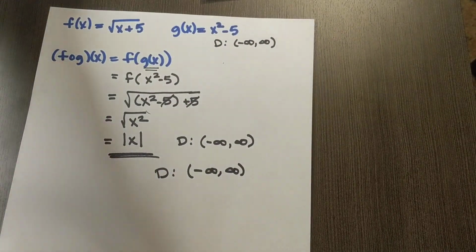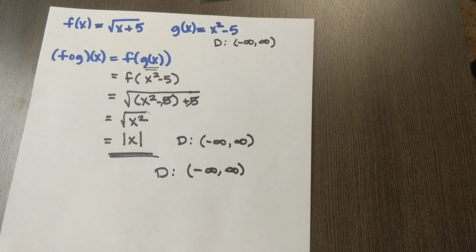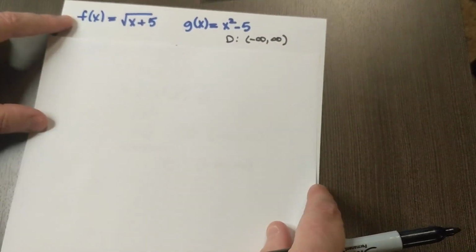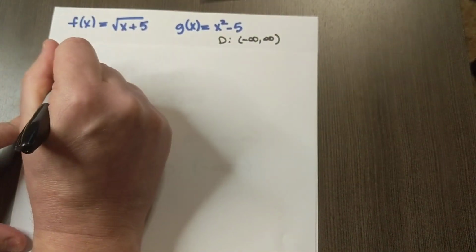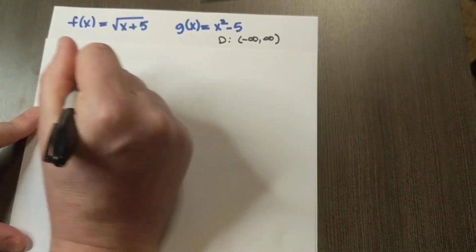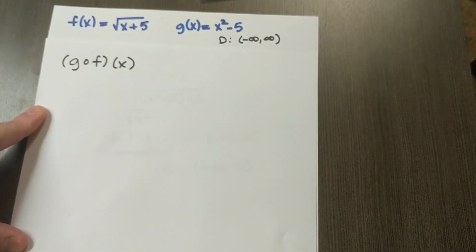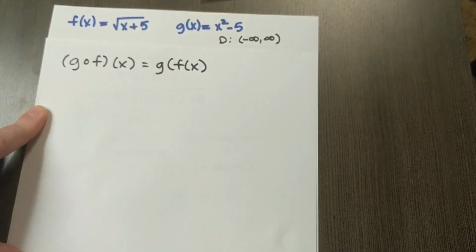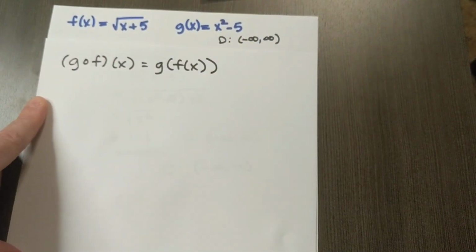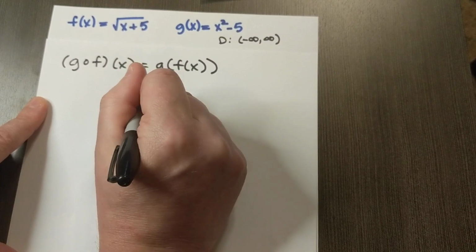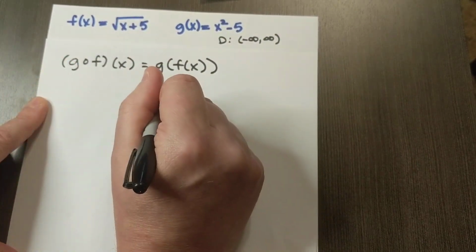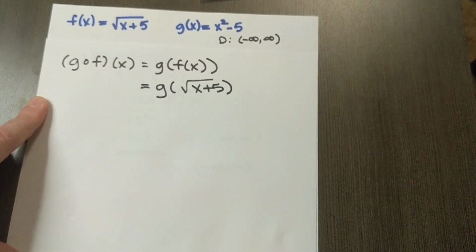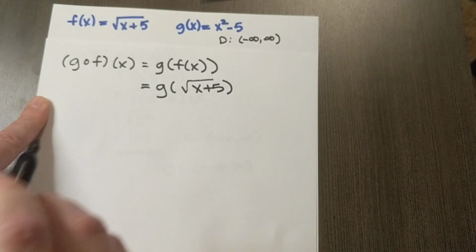Maybe we want to look at this one again, but take a look at the opposite composition, where we plug in g composed with f. That means we're going to plug f of x into g. So f of x is a square root, and we're going to plug that into g.